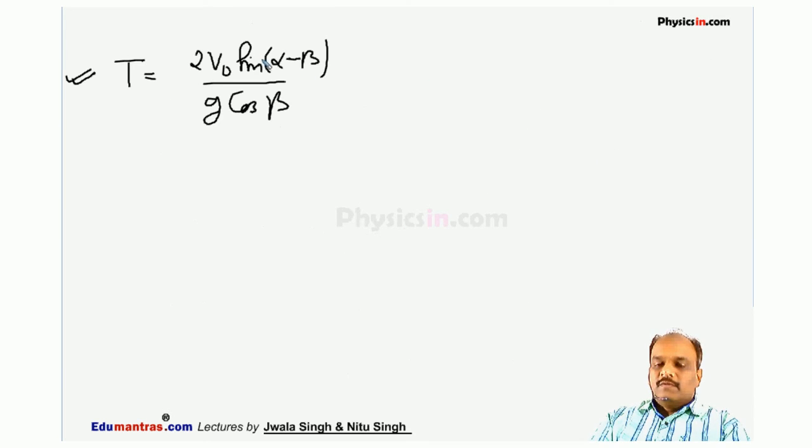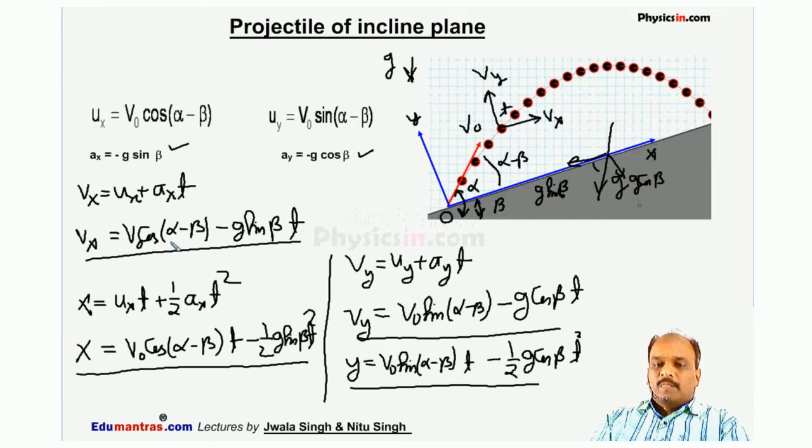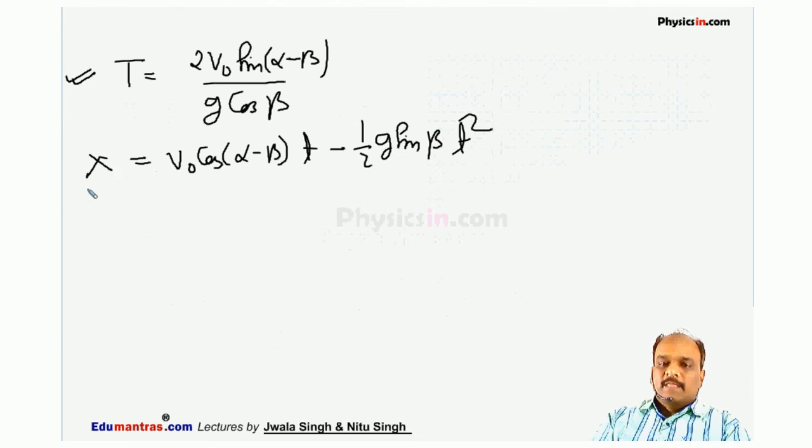If I substitute the value of t in the expression x, that is v naught cos alpha minus beta into t minus half g sin beta into t square, I will get the maximum x on the inclined plane.